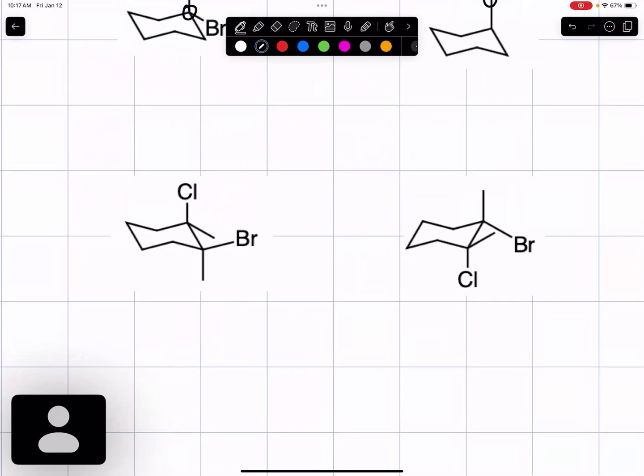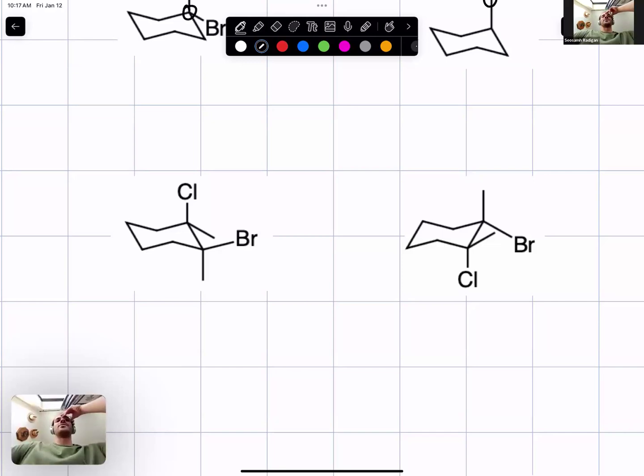Okay, I determined that they have the same amount of carbons and heteroatoms. They seem to be connected in the same manner. This almost looks like a ring flip, right? How can we confirm?